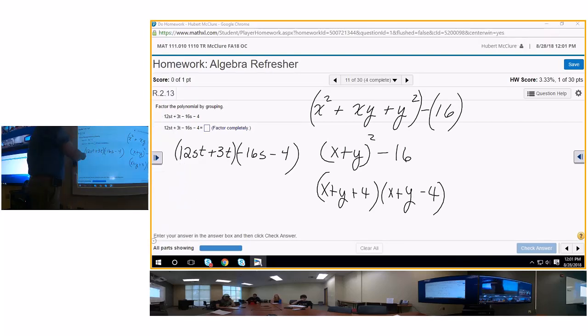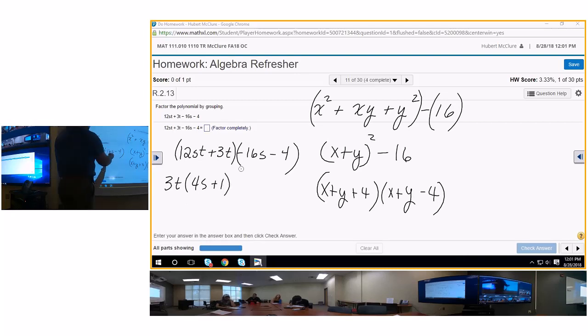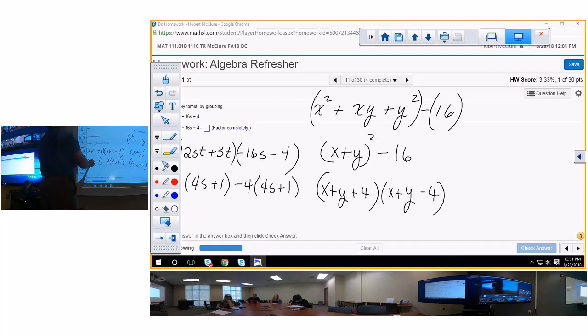What's in common with the first two? 3T. And that leaves you with what? 4S plus 1T. What's in common with negative 16S minus 4? Negative 4. And what does that leave? 4S plus 1. Are these two supposed to match? Yes.